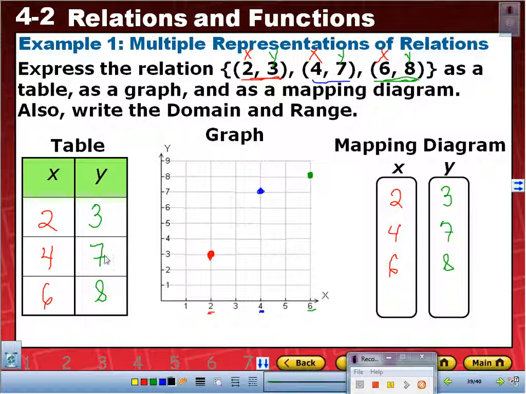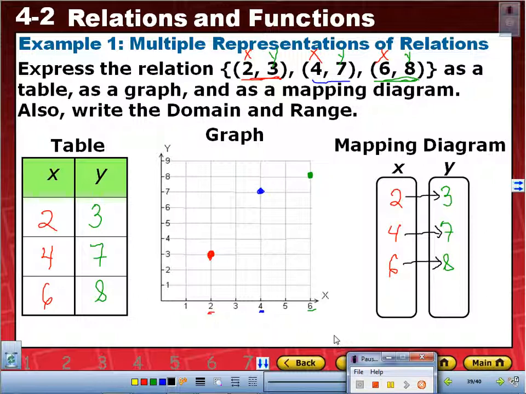It looks almost the same as this. Yeah, the only difference is that here, we need to indicate the relation. What does the 2 correspond to? The 3. What does the 4 correspond to? 7. And what does the 6 correspond to? 8. That's what we call mapping, when you draw the correspondence. Okay, copy that, please.